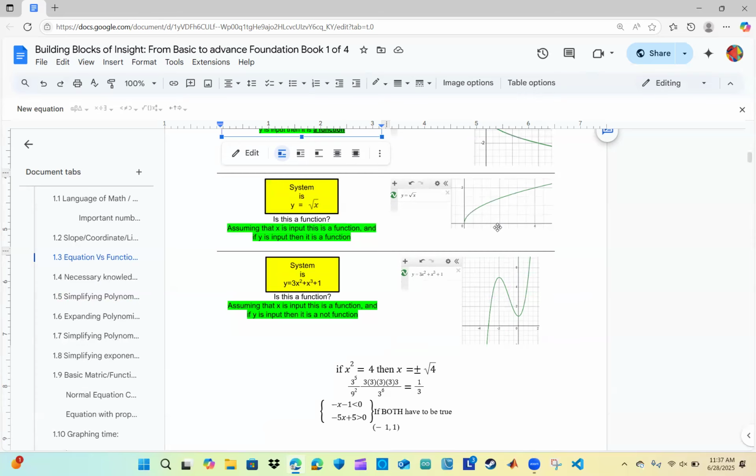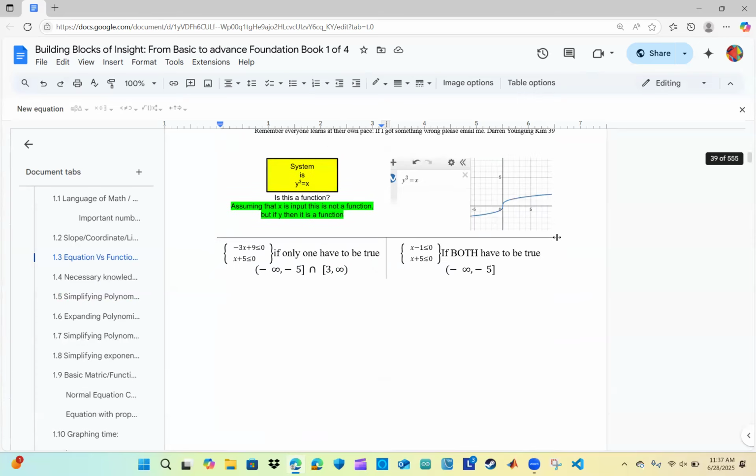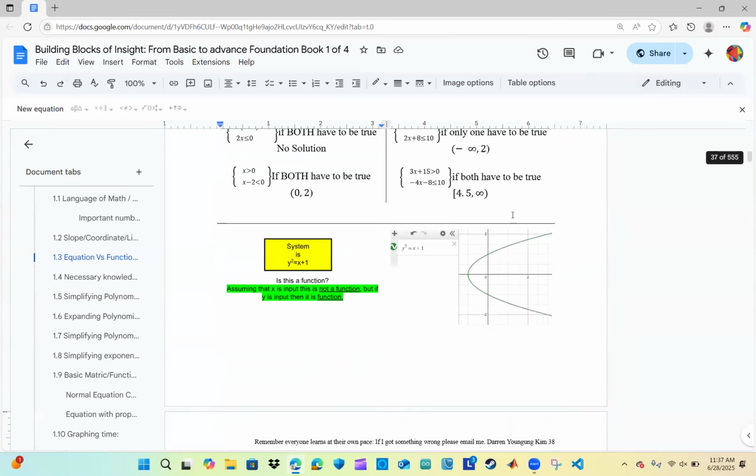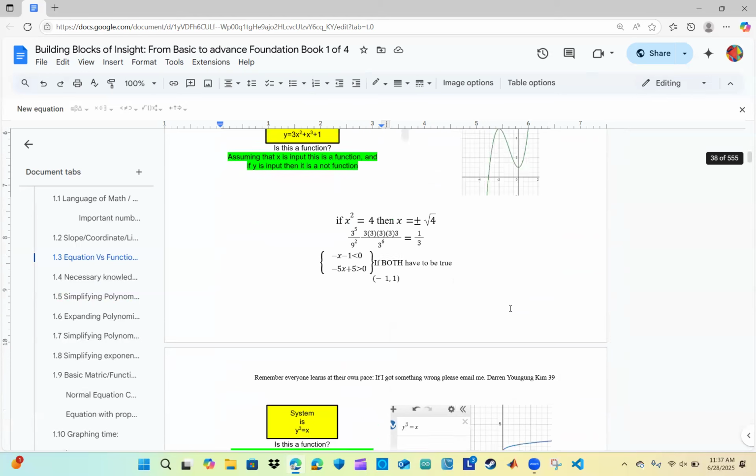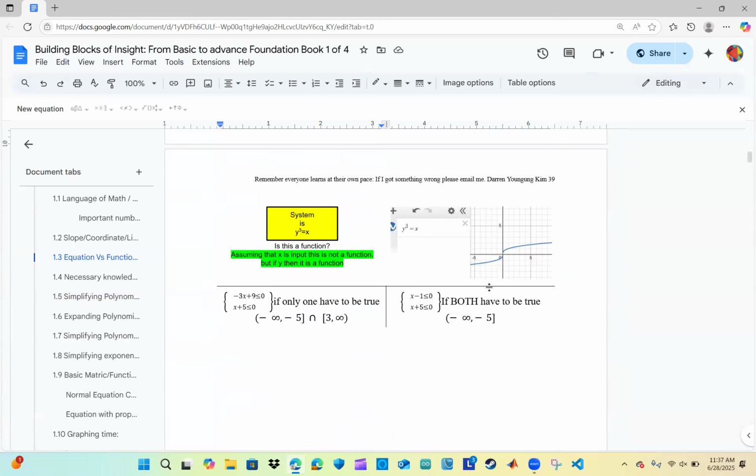I should probably explain somewhere what the vertical line test is. I will. I think I'm going to make a section. I'm going to explain it here later on, or maybe up over there. This is wrong.